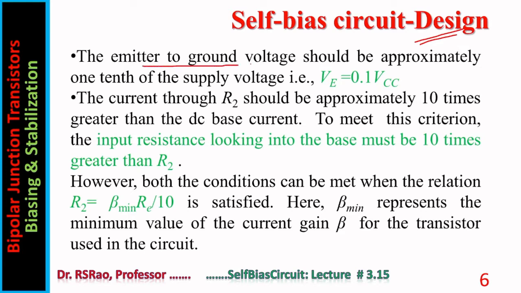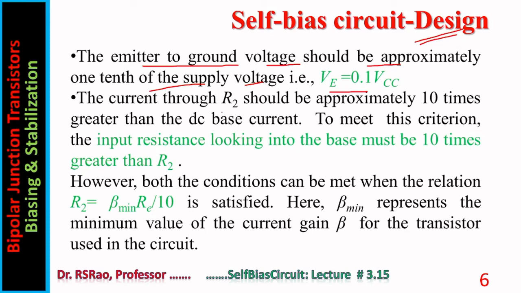The emitter to ground voltage should be approximately 1/10 of supply voltage. These are the guidelines that are followed. These are the things that have evolved out of experience over several decades. VE is to be 0.1 VCC.